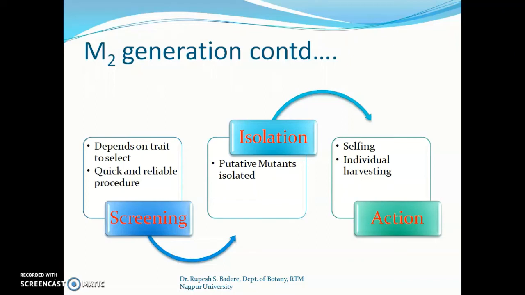Whatever procedure you adopt, it should be quick, it should not consume a lot of time, but it should give reliable results. Once you screen the population, you will tag that plant as a putative mutant and self it and harvest it individually.